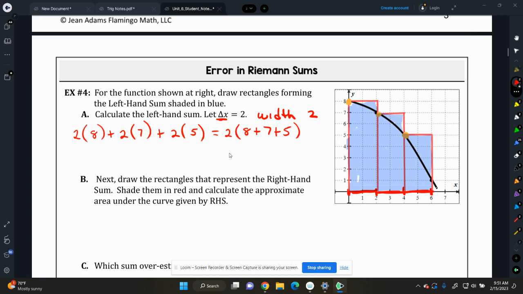Okay. So let's see, this ends up being 40 units squared. We're finding the area under the curve. Okay. Is this an over or an underestimation of the actual area? Overestimation, yes.